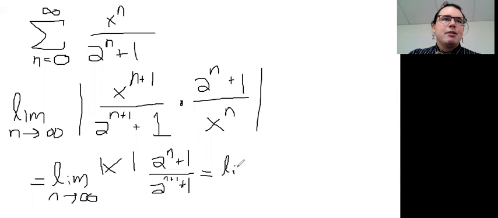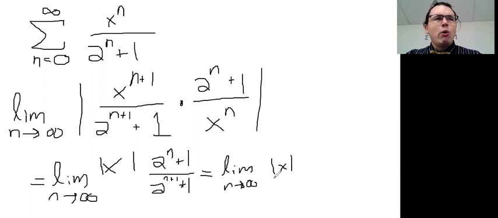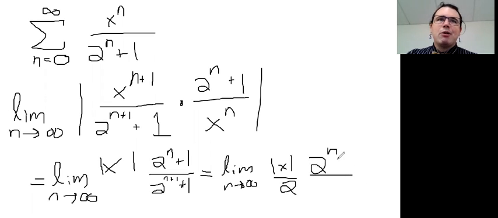So in the limit, I've got n going to infinity. I've got this absolute value of x, and there's one more power of 2 on the denominator than there is on the numerator. So maybe I can try pulling that out. If I do pull that out, what do I have left over? Numerator hasn't changed. That's 2 to the power n, all plus 1.